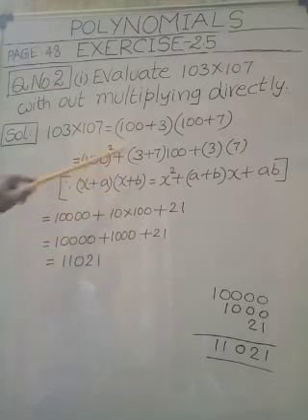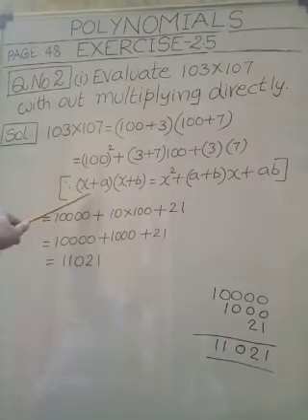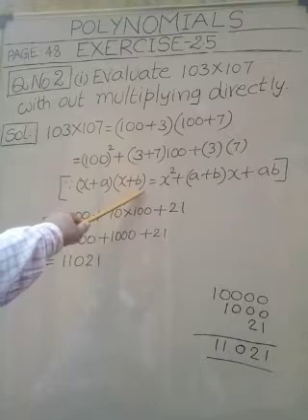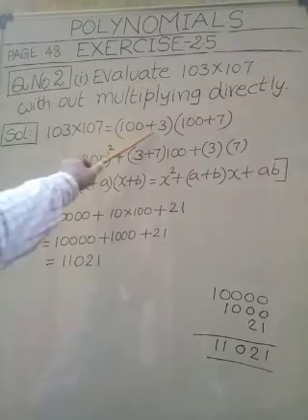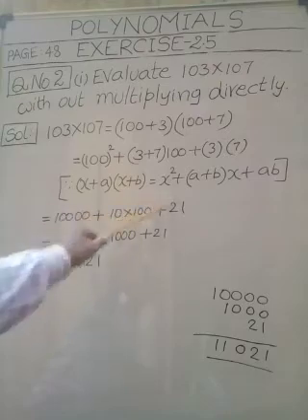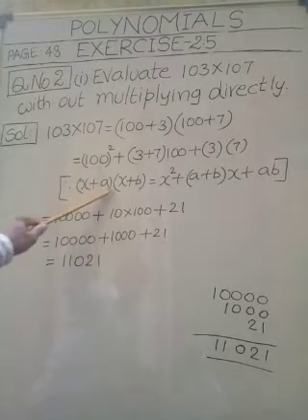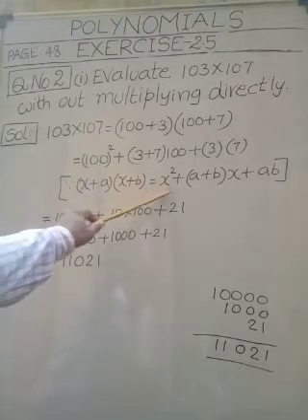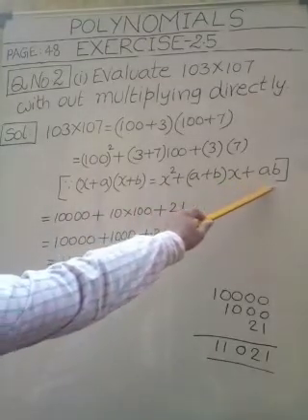So, if you observe this expression, it is in the form of (x plus a) into (x plus b). Immediately you have to recollect the suitable identity. For this question, this identity is suitable: (x plus a)(x plus b) is equal to x square plus (a plus b)x plus ab.